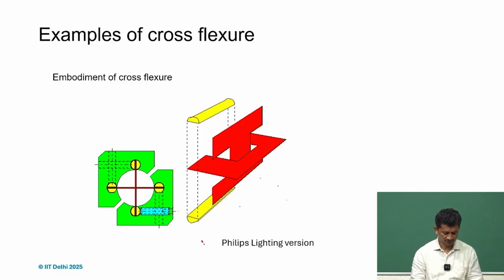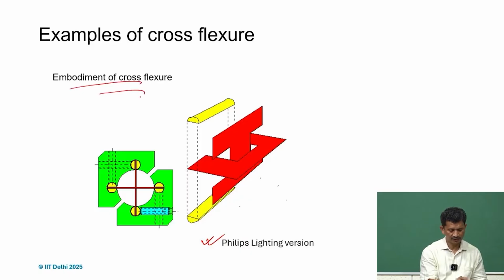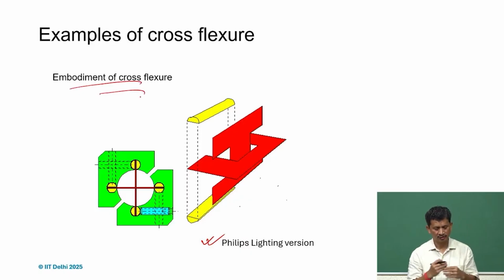And one very good example from Philips, and what they did is they just took thin metal sheets and cut in that fashion, embedded, and then you can just put semicircular wedges and then fix it, and you can get very good cross flexures out of it.